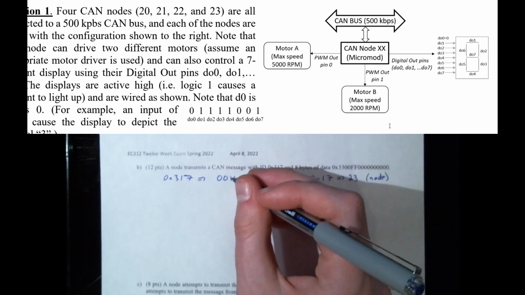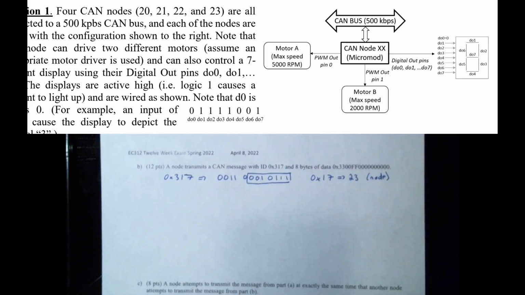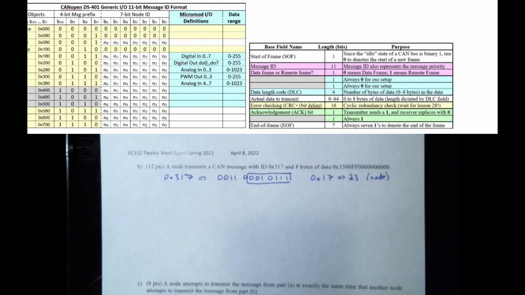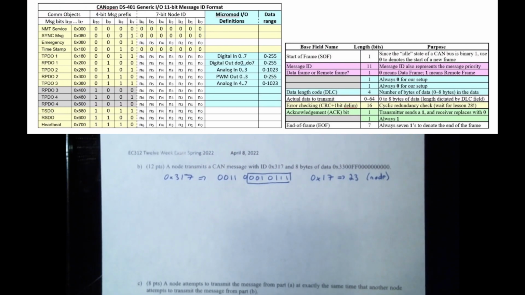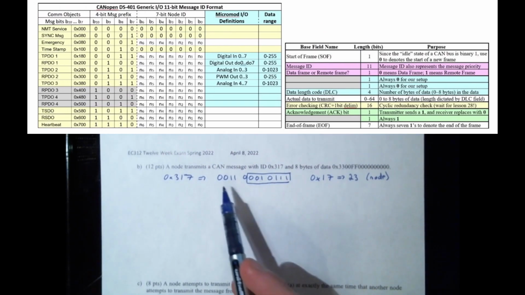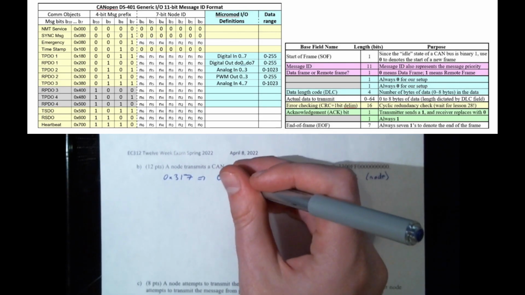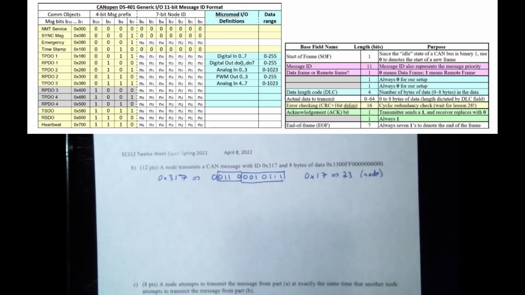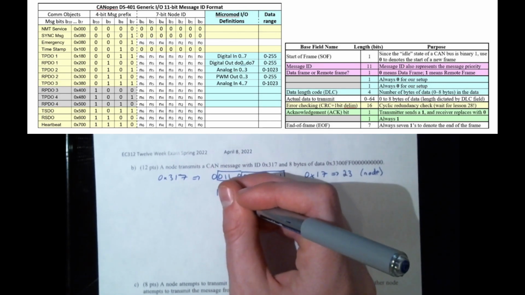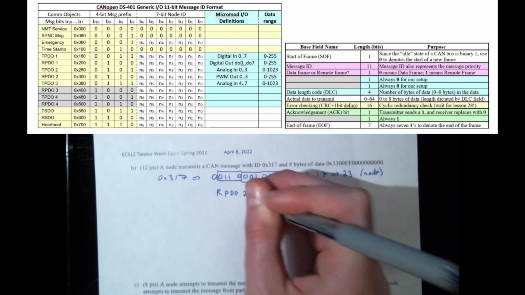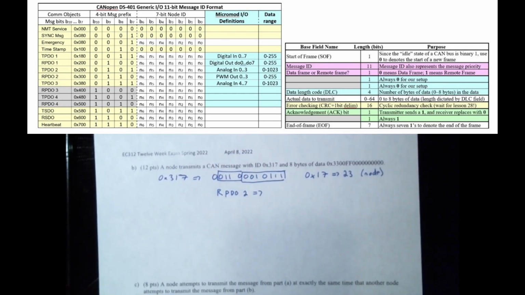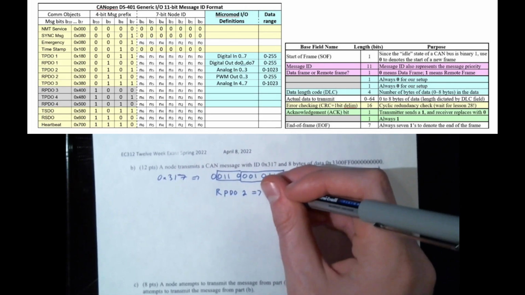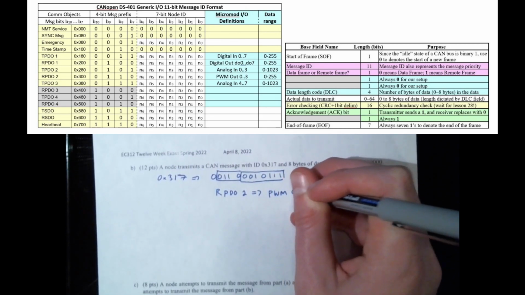For the rest of this, we look at the table that we had up before, and I'll scroll back up to that. If we look at that table, the prefix of 0110, keeping in mind it's just those 4 bits, since we're shifted over by 1 from the binary we translated, is RPD02, which if we follow that to the right-hand side, is PWM out.